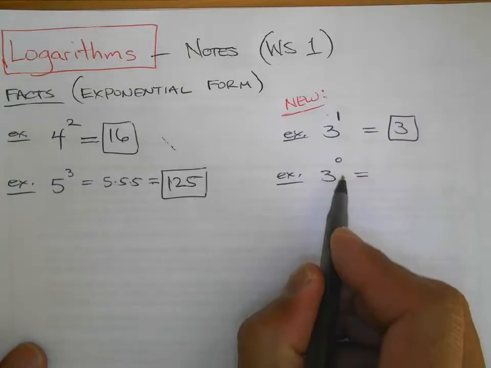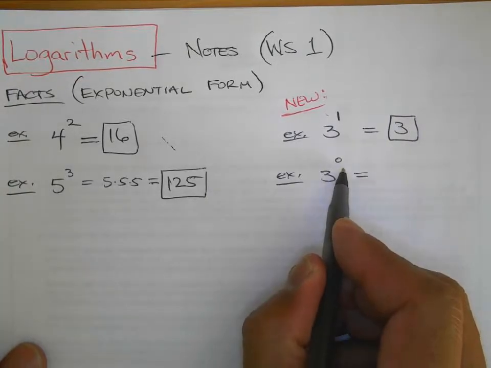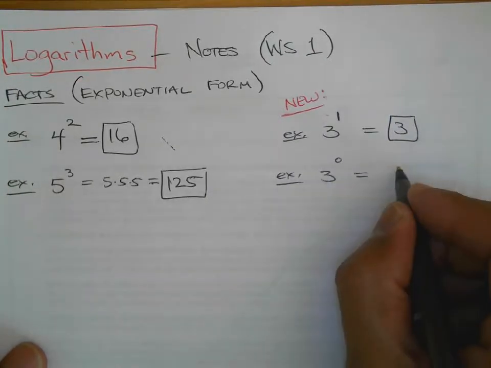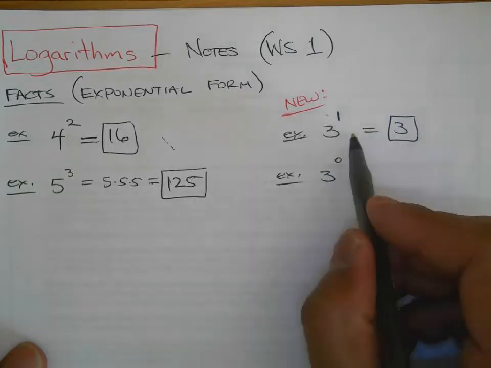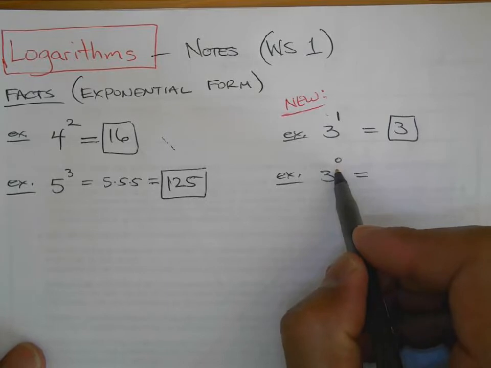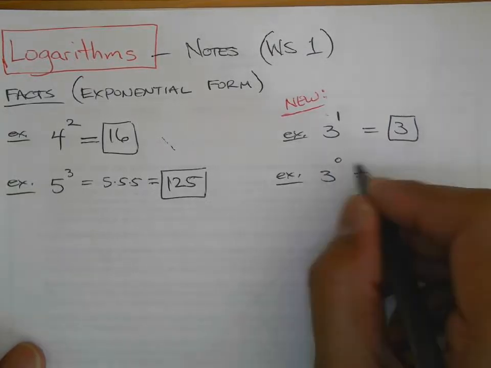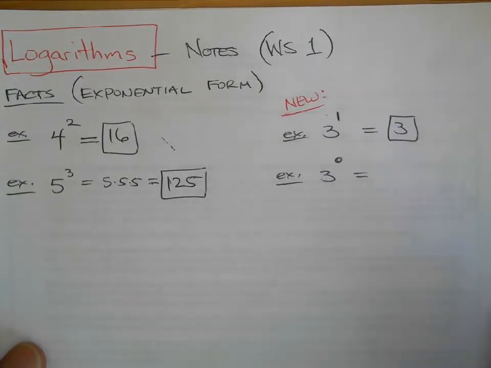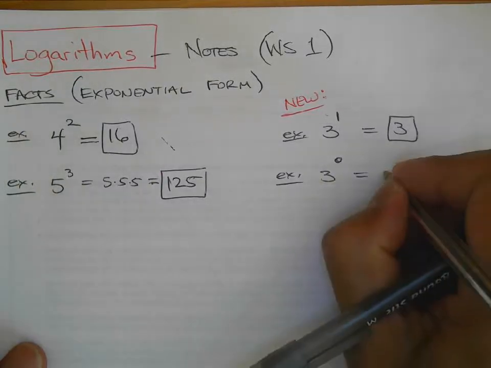But what about to the power of 0? The answer is not 0. Here, if it's 1, I got 1, 3. If I got nothing, that means I don't have any 3s. But believe it or not, anything to the power of 0, the answer is 1.